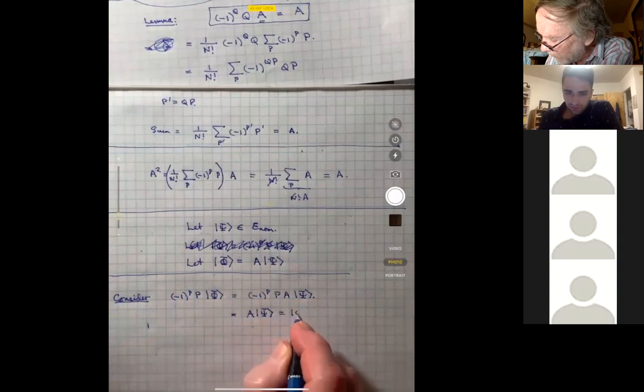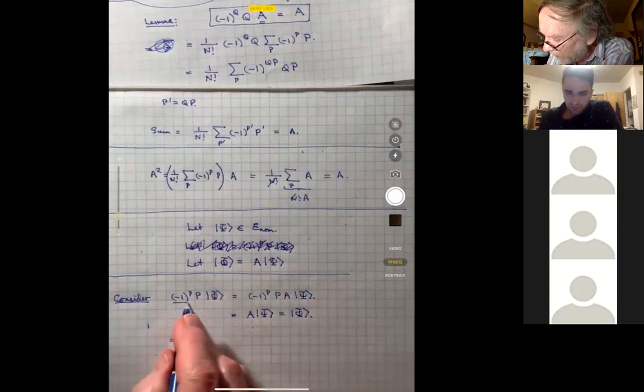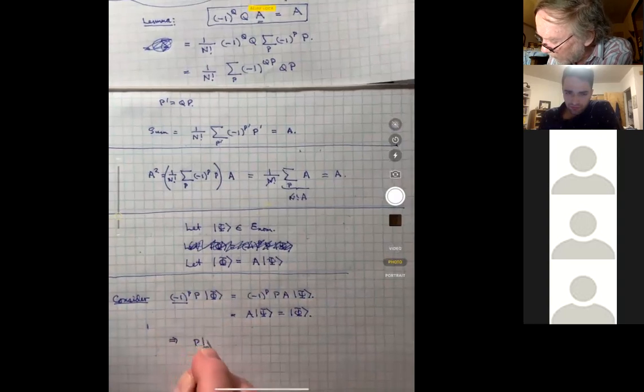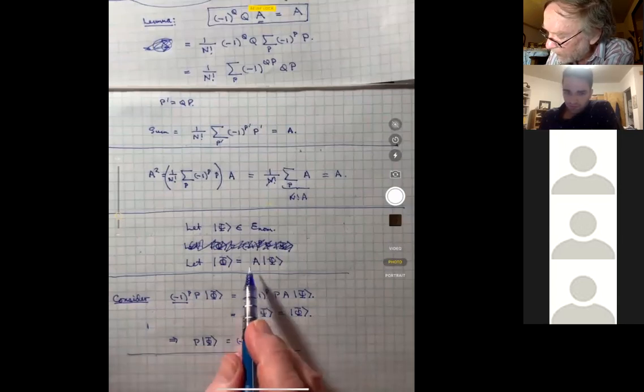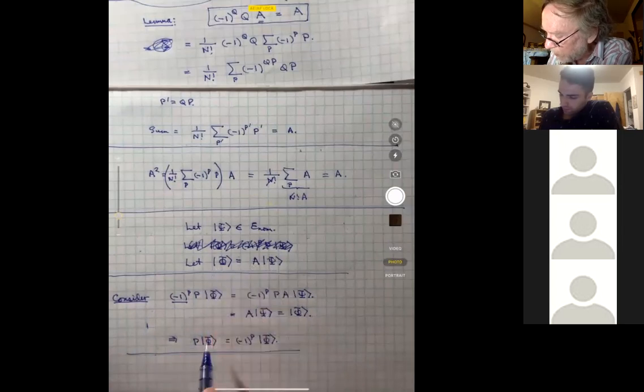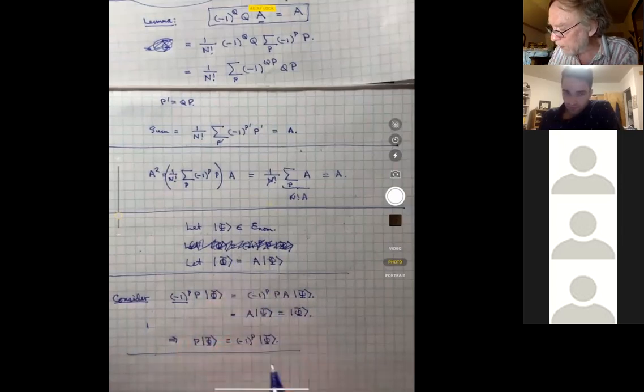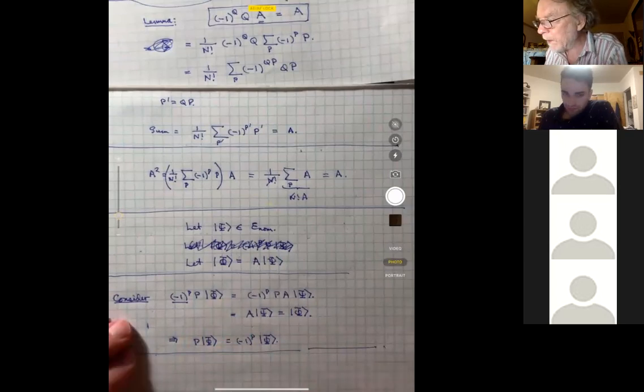And that's the same thing as Phi. So putting this together, if I bring the phase factor over to the other side, we get P acting on Phi is equal to minus 1 to the P multiplying Phi. And we see that indeed the projected state actually is physical. So this is not only a projector, it's the physical projector onto the anti-symmetrizing subspace.